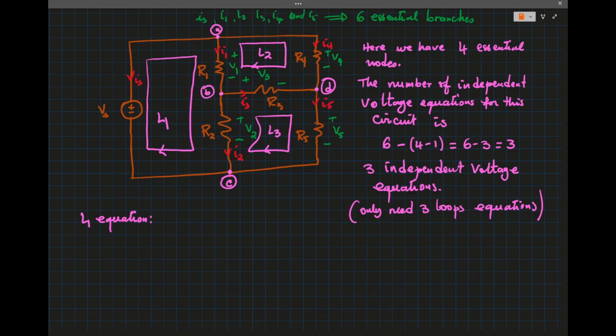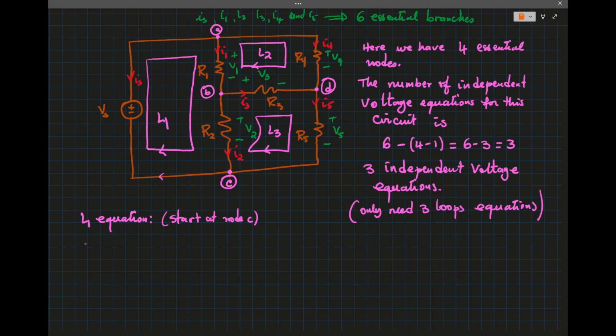For loop 1, we are going to start at node C and move in the direction of the loop. What do we have?